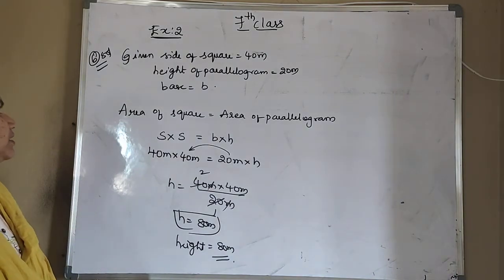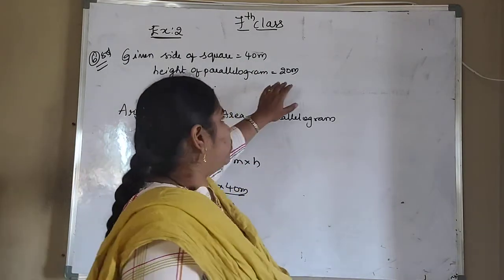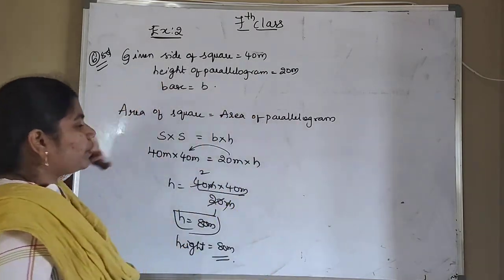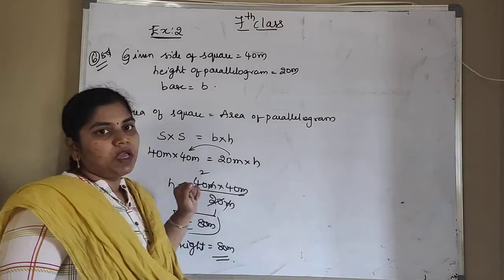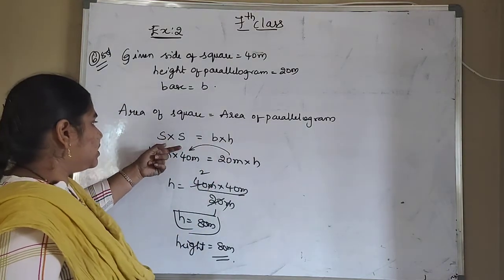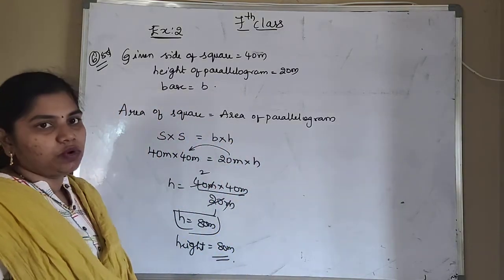Once again, see this. They have given the side of a square as 40 meters and the height of a parallelogram as 20 meters. We have to find the base value, and the important given information is that the area of a square is equal to the area of a parallelogram. What is the area of a square? That is s into s, equal to the area of a parallelogram, base into height.